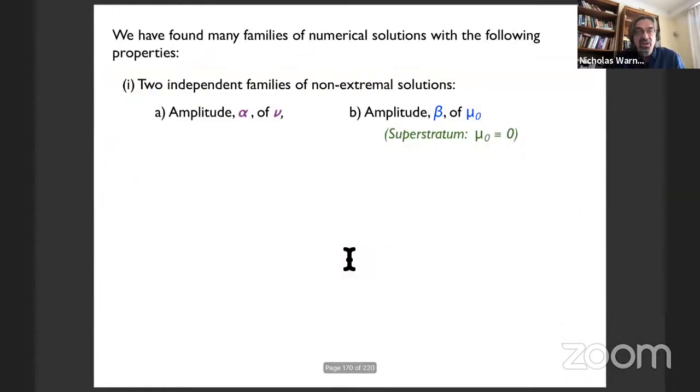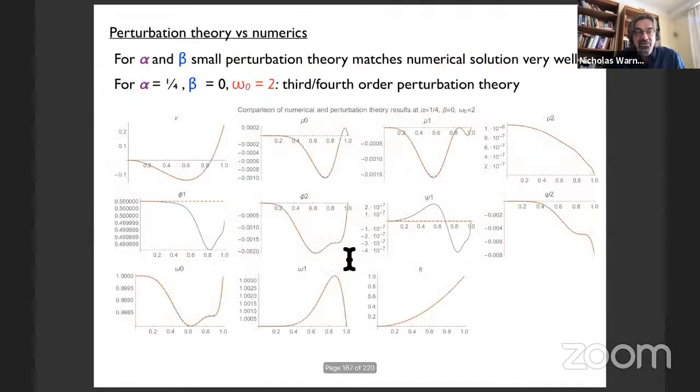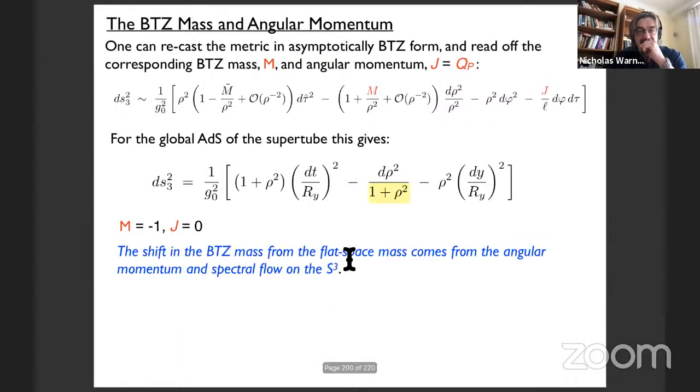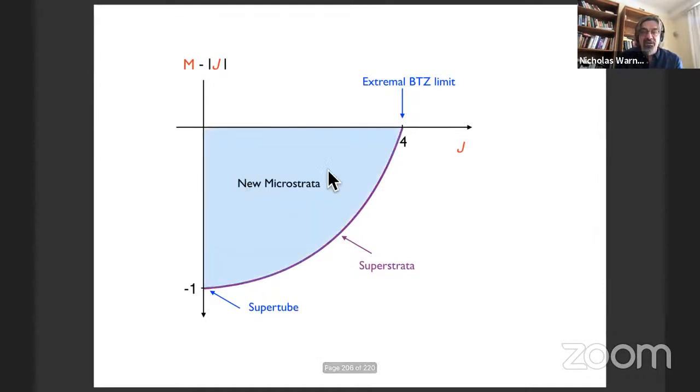So that's what this diagram is supposed to tell you. Where's it gone? This sort of last phase diagram that I drew. Yeah, here. So the superstratum, this purple curve is the superstratum. For a given QP and a given Q1 and Q5, this is the BPS bound. And everything we've got is in here.